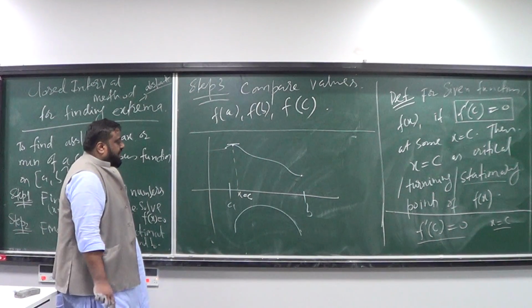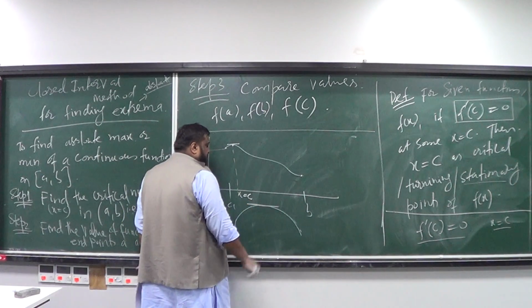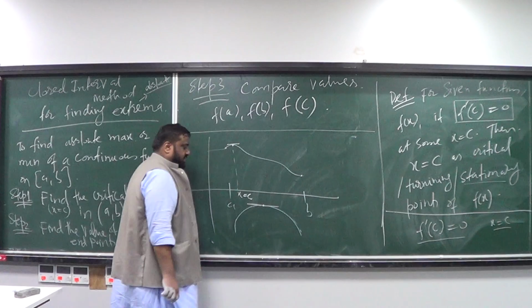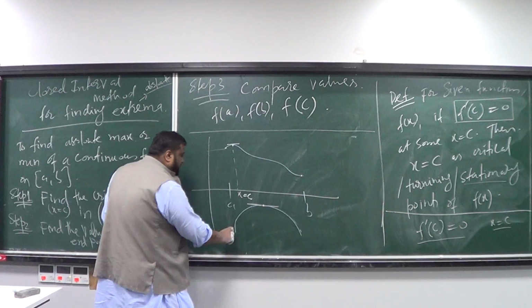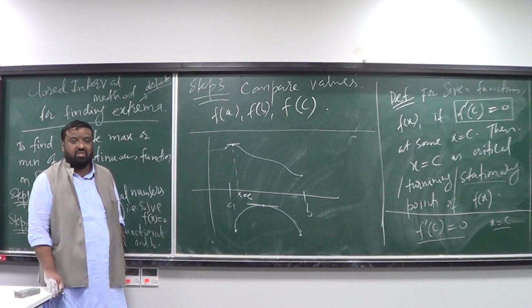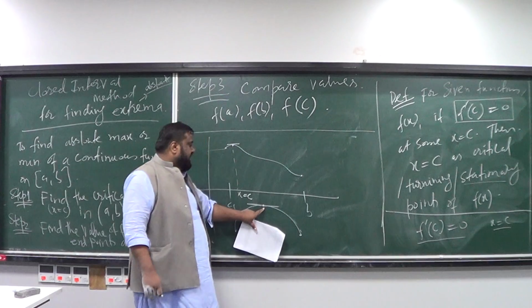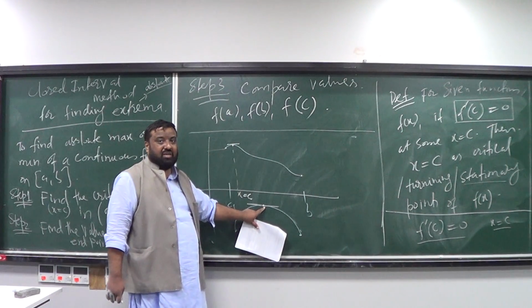What points are the critical points? This point is the critical point. So if I found this point or this value and I computed these 2 values, what will happen? So this is f of a, f of b, and this is f of c, where c is the critical point.